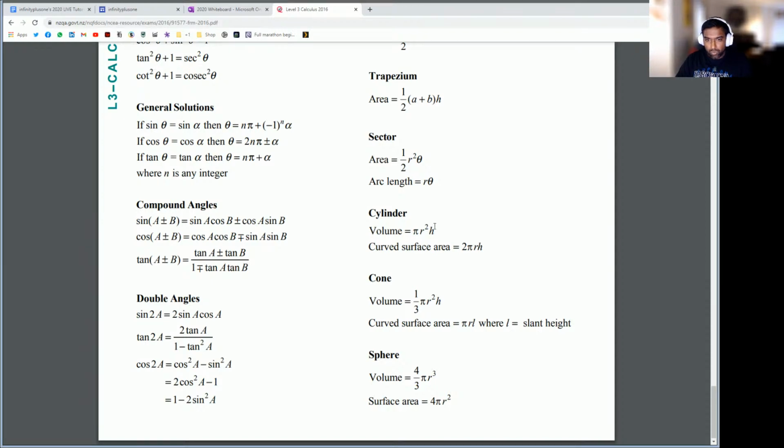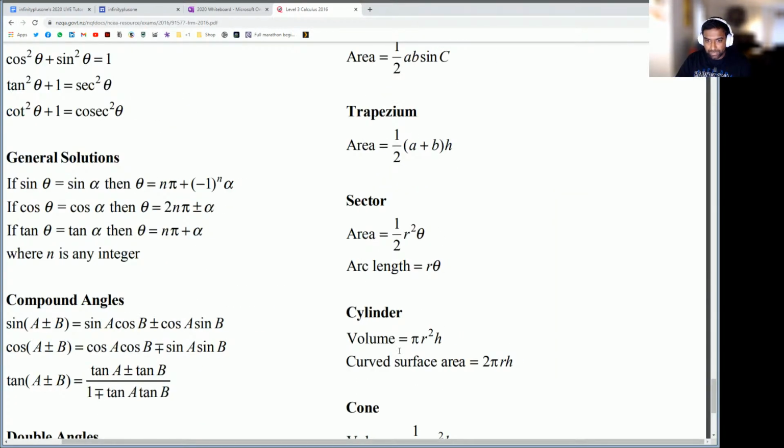In this particular case, we know that we're going to be using the cylinder one, which is volume. So I'm just going to take that down here. Volume of a cylinder is pi r squared h, and then surface area.